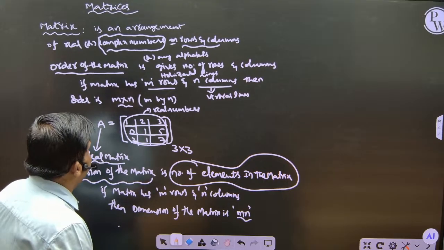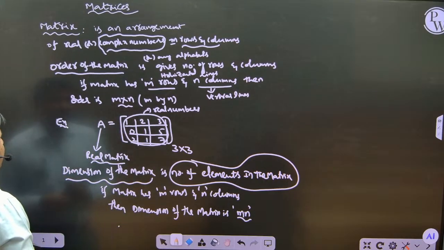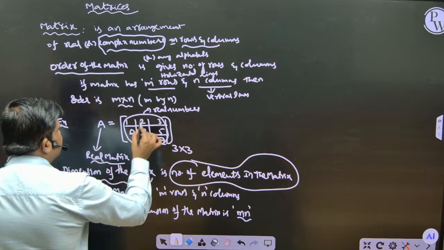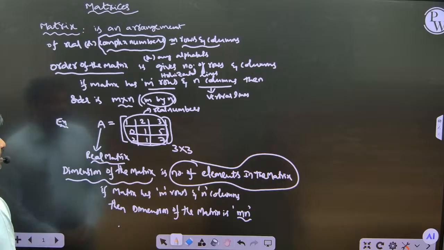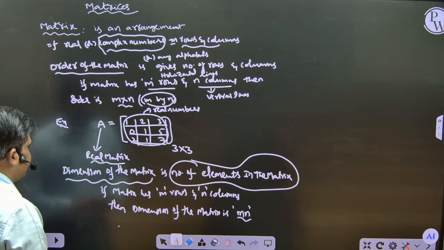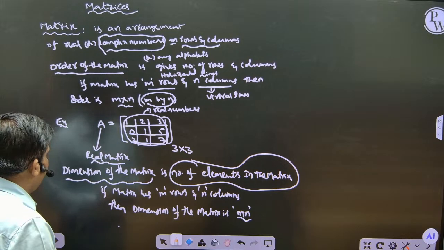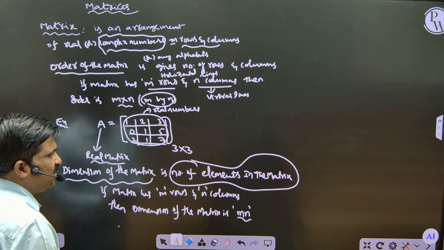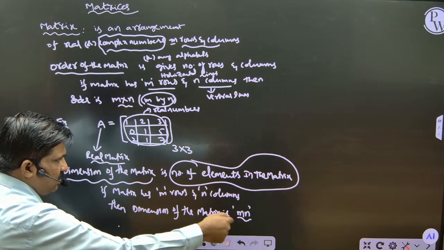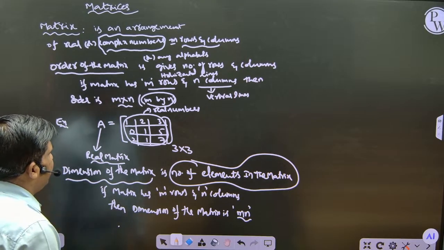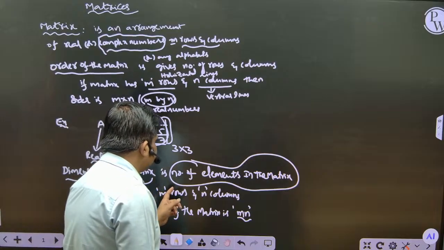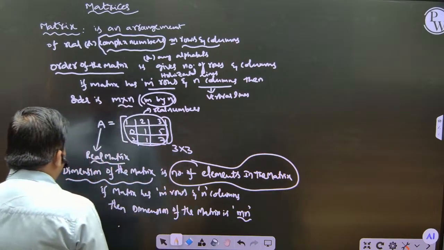Number of rows and columns gives the order of the matrix. If the matrix has m rows and n columns, then the order is m by n. Rows are horizontal lines, columns are vertical lines. But the dimension of the matrix is the number of elements in the matrix.